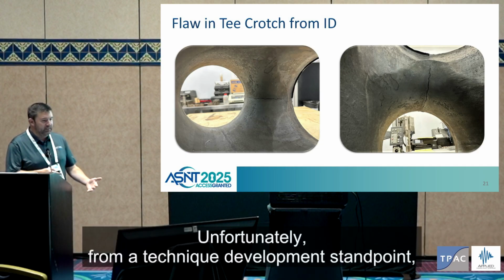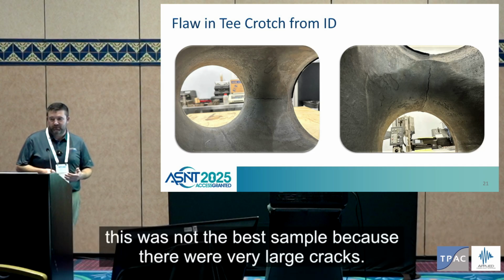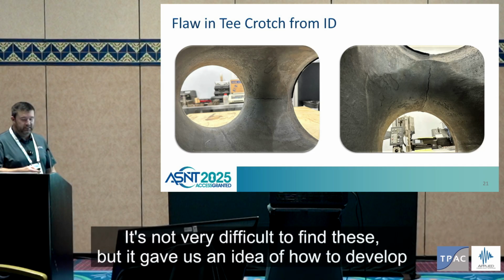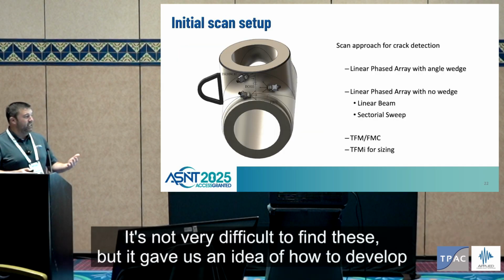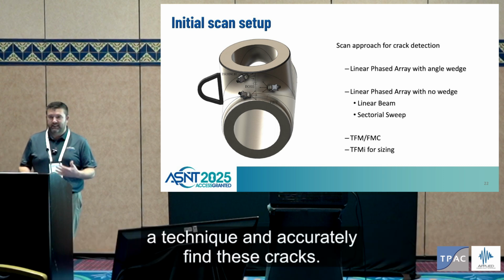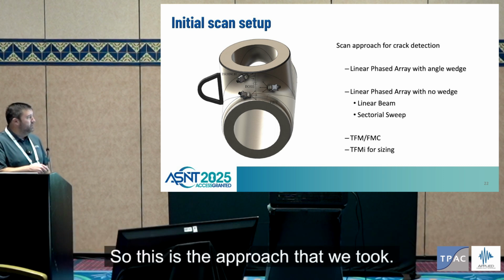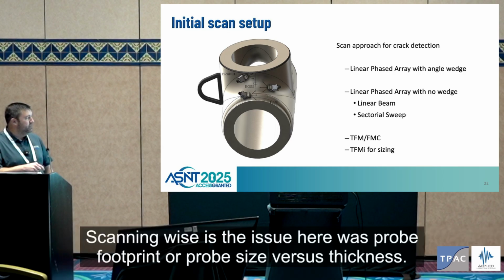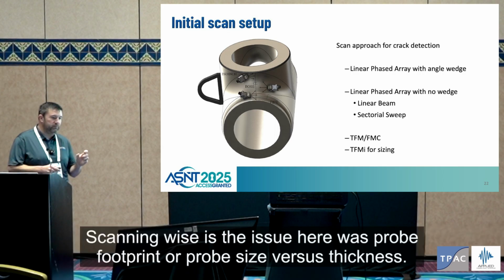Unfortunately, from a technique development standpoint, this was not the best sample because they were very large cracks. It's not very difficult to find these, but it gave us an idea of how to develop a technique and accurately find these cracks. So this is the approach that we took scanning wise. The issue here was probe footprint or probe size versus thickness.